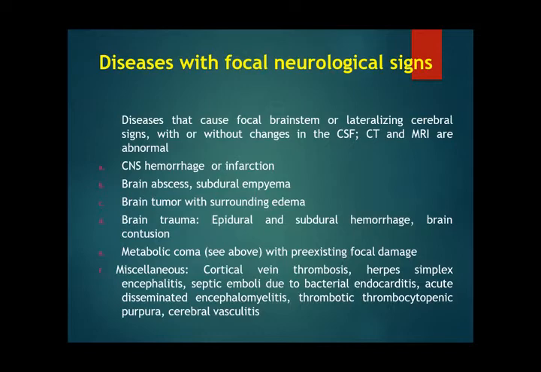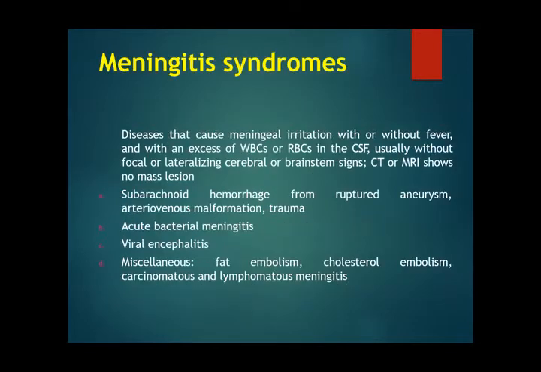There is chemical meningitis, there is blood in the subarachnoid space, which is giving rise to signs of meningeal irritation, but it is not infective meningitis. Now the infective causes, we can have acute bacterial meningitis, even viral encephalitis when it involves the meninges in the form of meningoencephalitis. It can give rise to signs of meningeal irritation in a patient. There are certain other meningitides like carcinomatous and lymphomatous, and these also come under the meningitis syndrome.